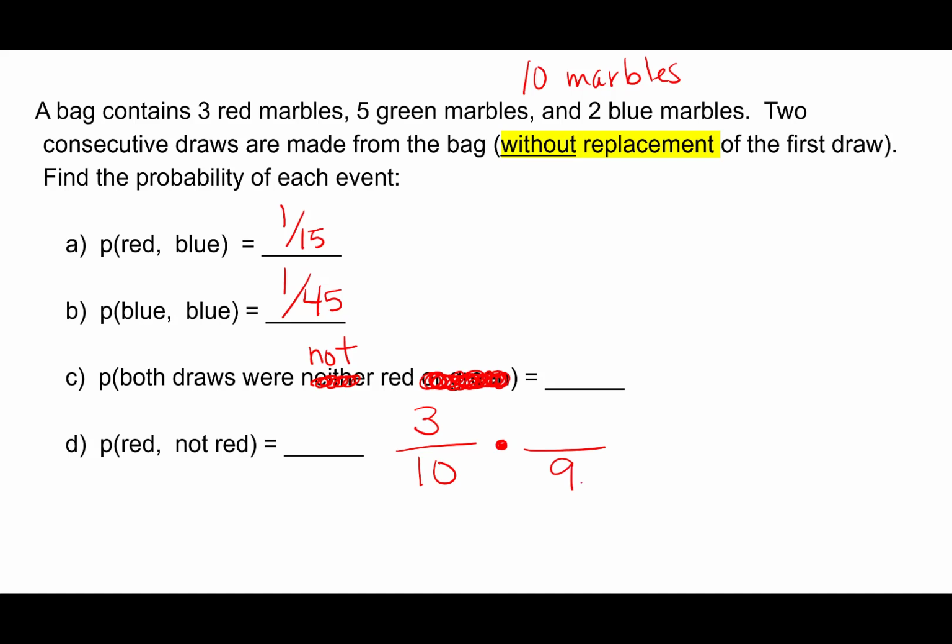Well, one of those red marbles is going to stay outside the bag, so there's only a total of 9 marbles. And not red means either green or blue, which there's a total of 7 when you add 5 plus 2 together. And so our second fraction is 7/9. Multiply straight across to get 21 over 90, and that simplifies to the fraction 7/30.